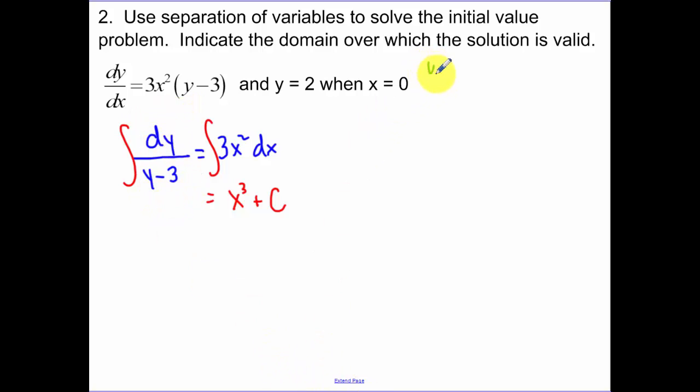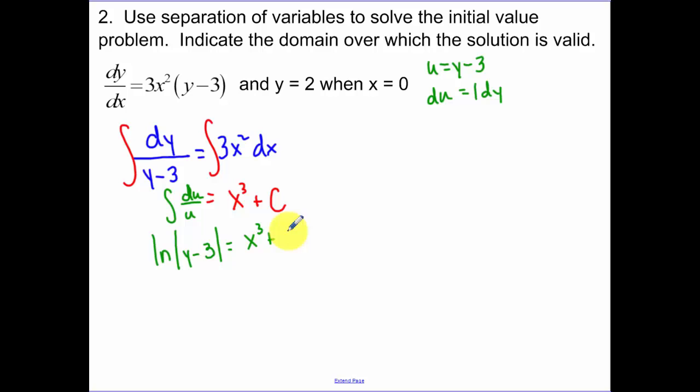If I make u equal to y minus 3, du is equal to 1 dy. So I'm taking the integral of 1 over u du, which works out to be the ln of y minus 3. If you recognize that the integral of 1 over y minus 3 is just the ln of y minus 3, that's going to make your life a lot easier.